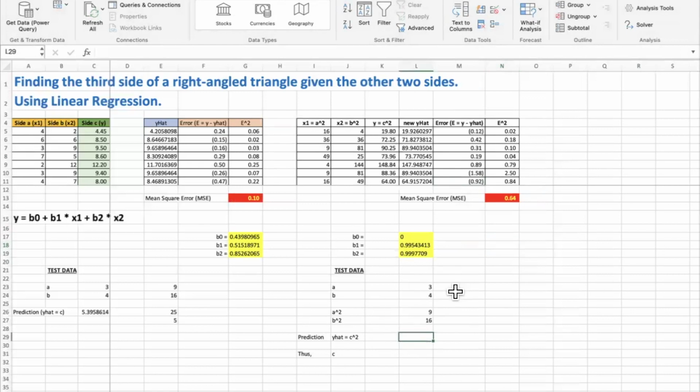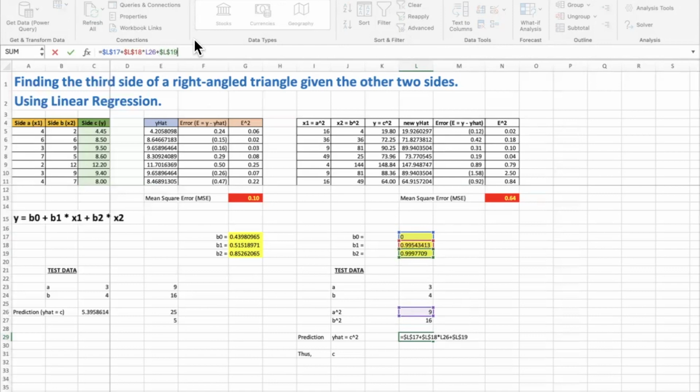So here we have the test data. A is 3, b is 4. So a square is 9 and b square is 16. So here c square that we will predict is equal to b0 plus b1 into x1 plus b2 into x2.